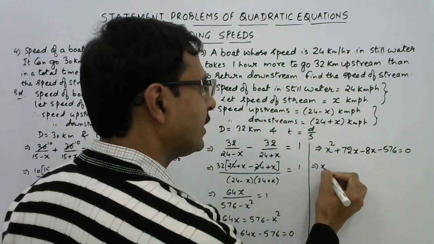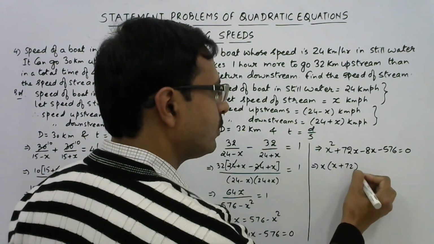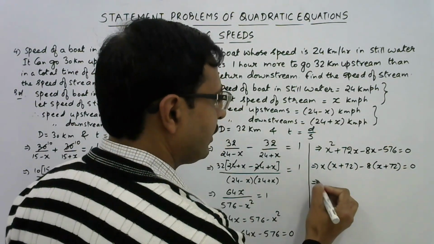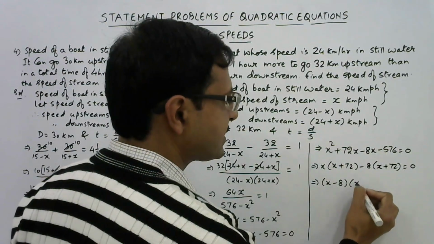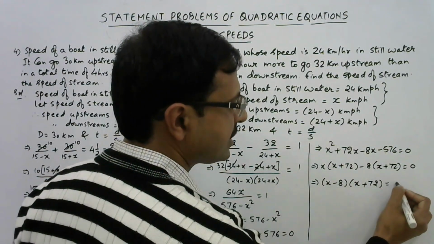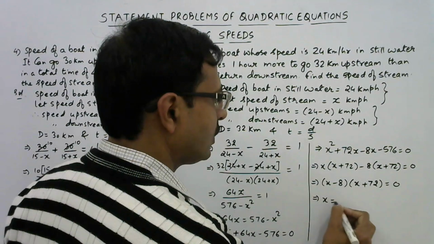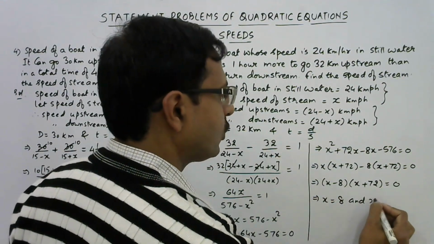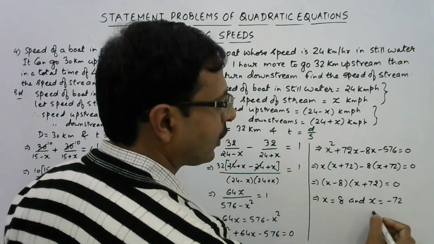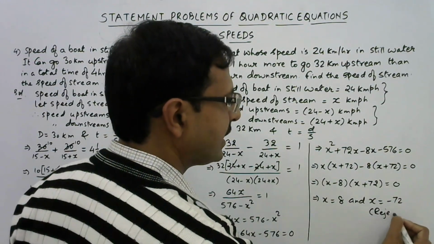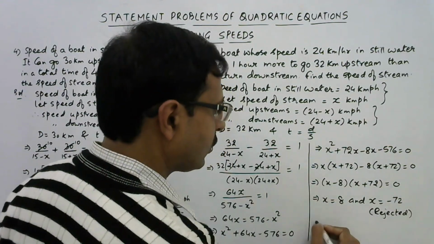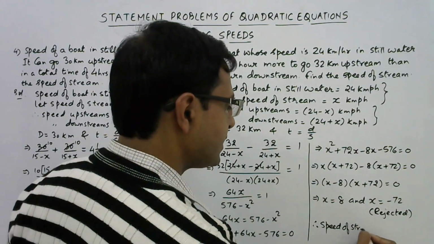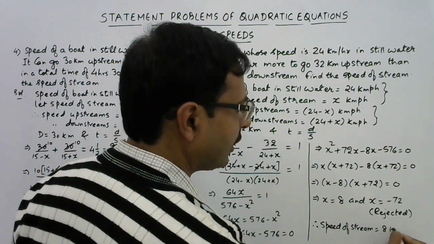So I'll quickly take the common factor x: x plus 72 minus 8, x plus 72 equal to 0, giving you x minus 8 and x plus 72 as two factors of this equation, and x equal to 8 and x equal to minus 72. Negative 72 cannot be the speed, so it gets rejected, thereby giving you the answer: speed of stream is 8 kilometer per hour.